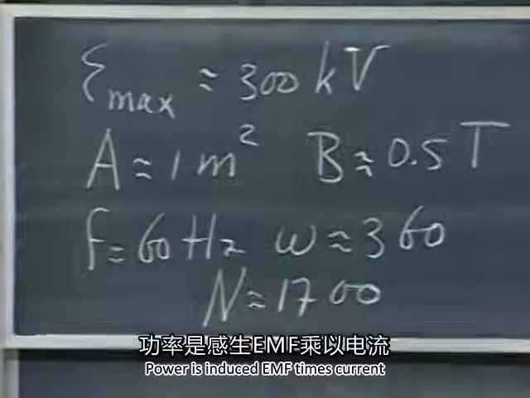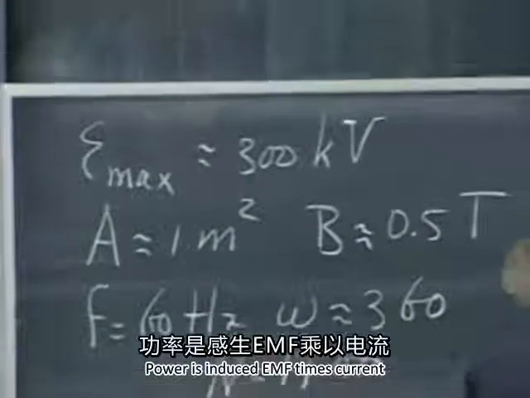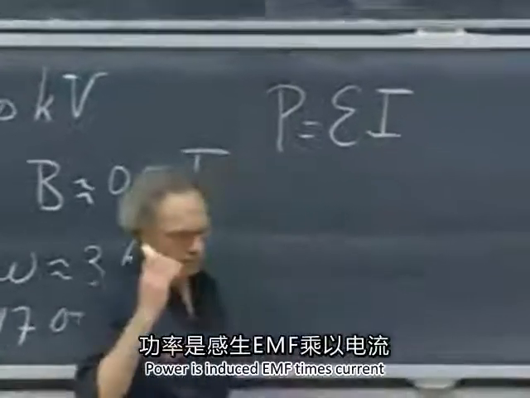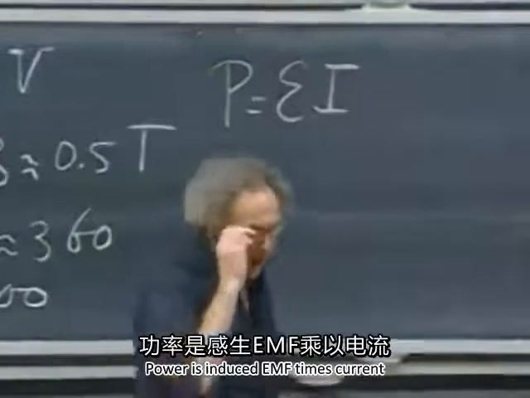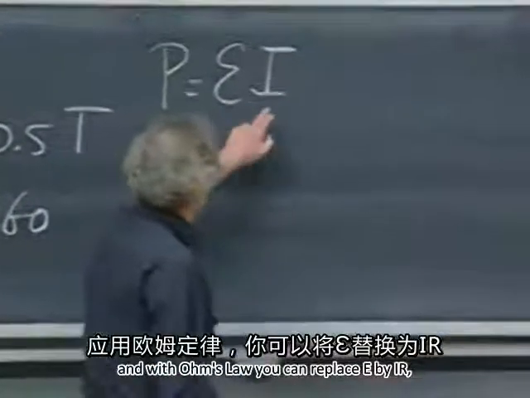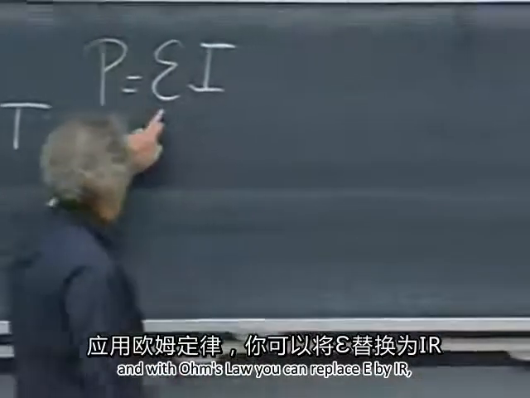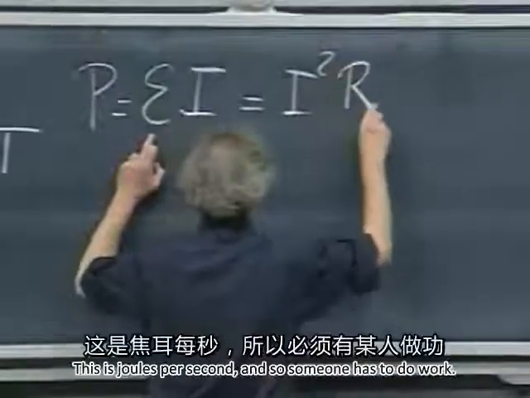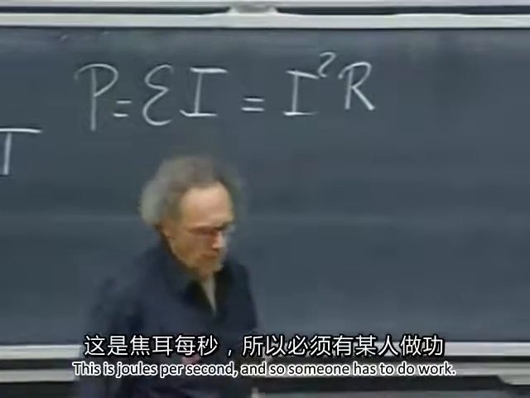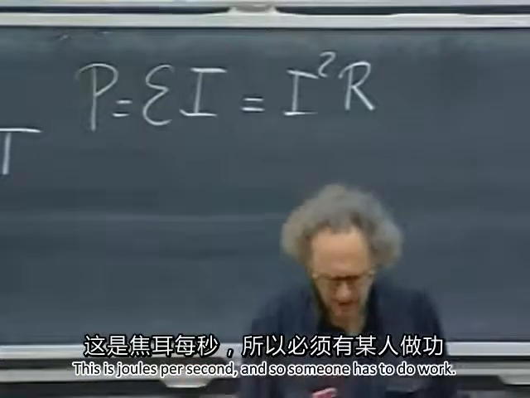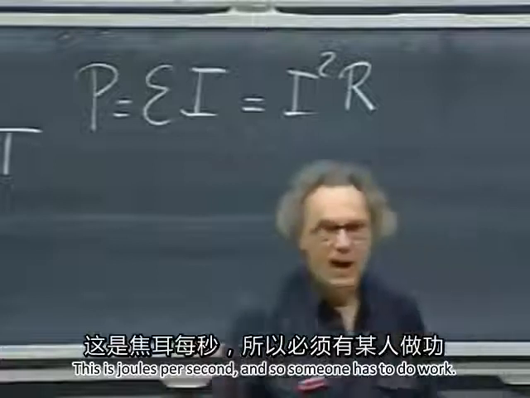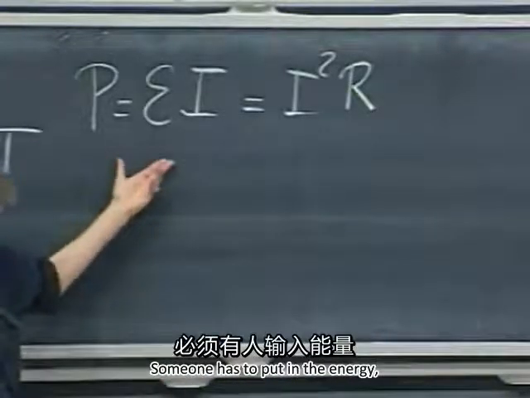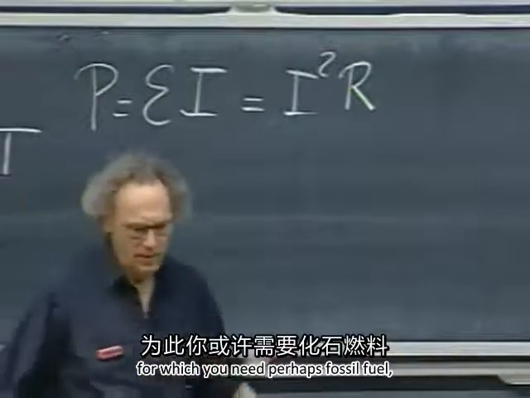Power is induced EMF times current. And with Ohm's law, you can replace E by IR, and so you get I squared R. This is joules per second. And so someone has to do work. Someone has to put in the energy, for which you need perhaps fossil fuel.